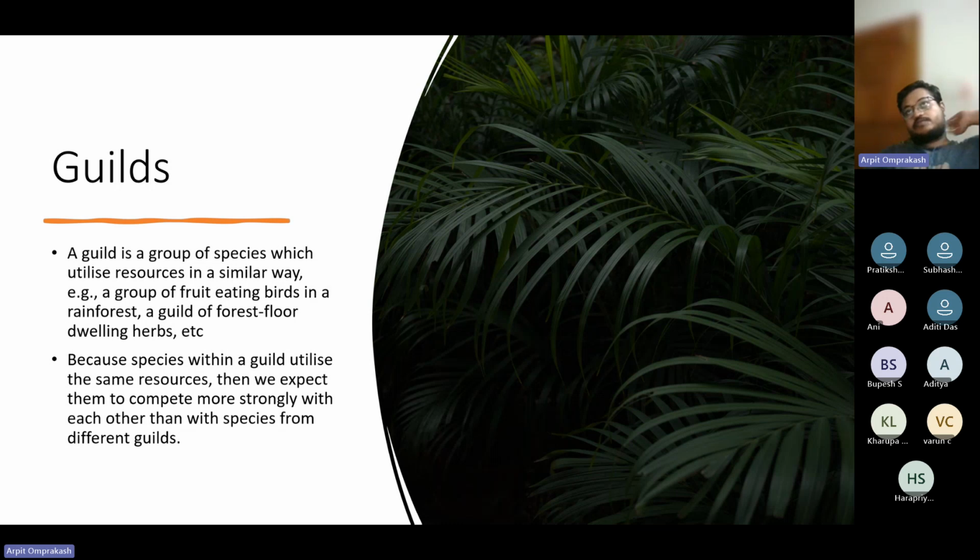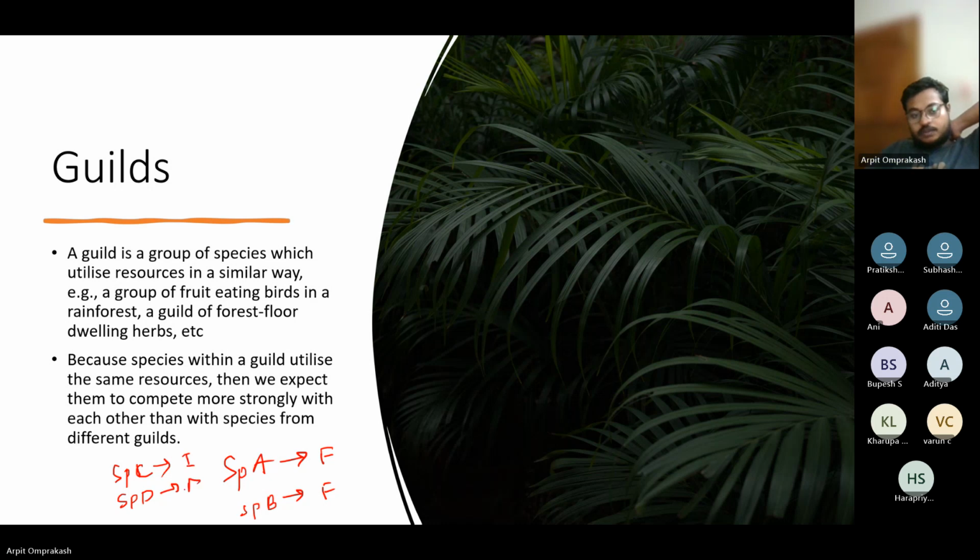So, for example, let's say you have a bird that eats fruits. We have species A, which eats fruits, and we have species B, which eats fruits, whereas we have species C and species D, both of which eat insects. So species A and B belong to the same guild.